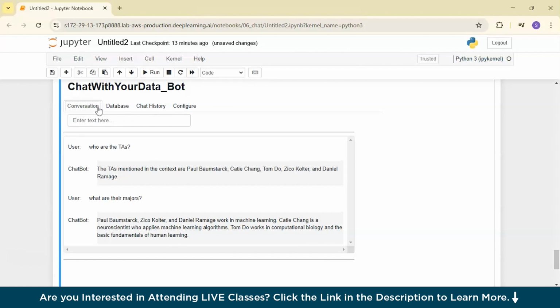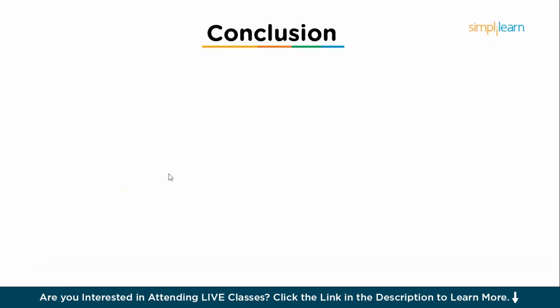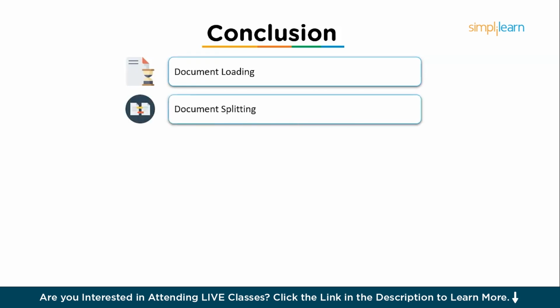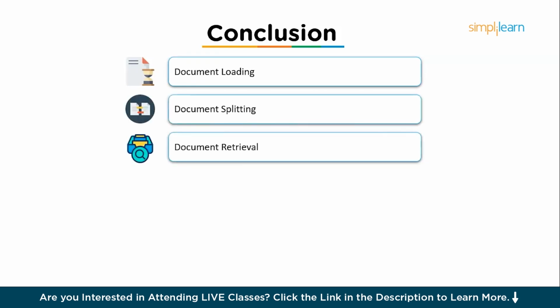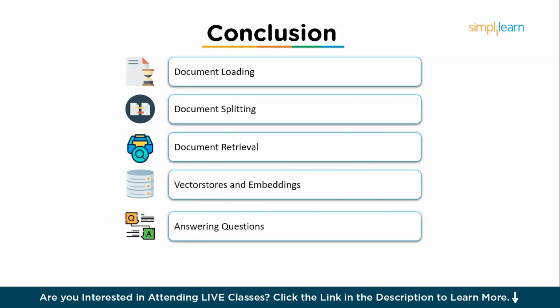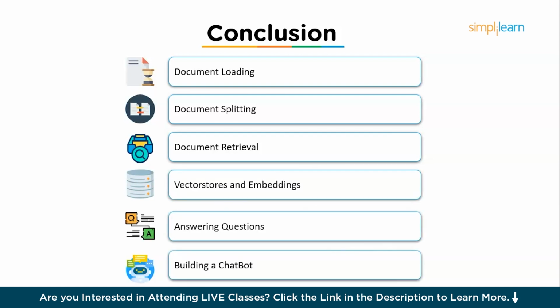In the final lesson, let's conclude this. So in this course, we explored the key steps in building a chatbot with Langchain, from understanding document loading, document splitting, then understanding about vector stores and embeddings, then retrieval, to implementing question answering, and finally creating a fully functional chatbot.